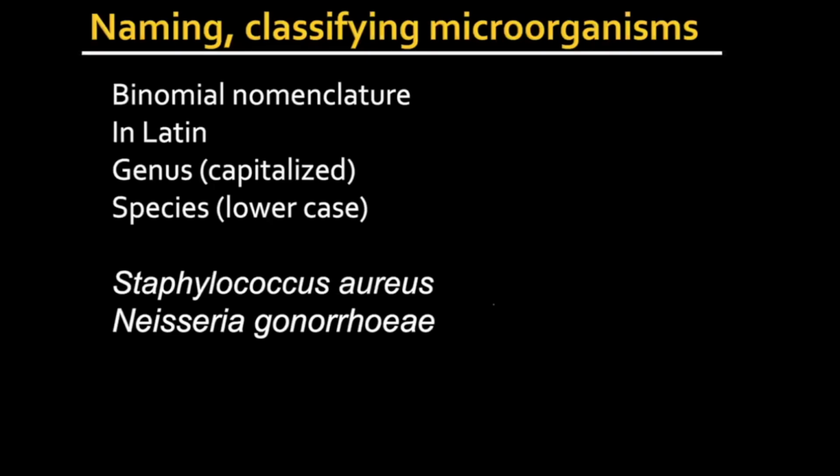So there's even a lot of words in English that are originally Latin, and we can kind of figure out what they are. So a lot of the names are, first of all, the genus will be capitalized, and then the species will be lowercase.